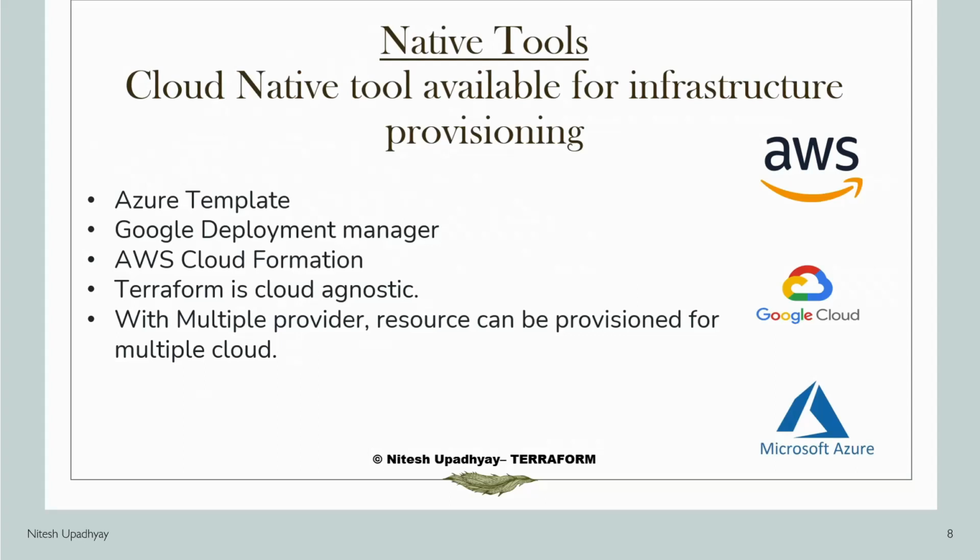Hence comes Terraform. It is cloud agnostic. It is vendor independent with multiple providers available, like providers for AWS, GCP, Azure, and many more. Through these providers, you can create resources with the HashiCorp programming language using a unique approach. Okay everyone, this is the basic idea about Terraform. Terraform is not a cloud native solution, it is a cloud agnostic solution.